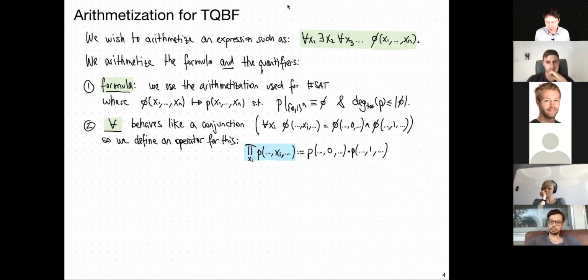It is the same thing as writing the polynomial, taking the product of it twice, once with xi being 0 and once with xi being 1. And again, right now none of this is justified yet. We're just taking educated guesses given our experience with arithmetization so far. It was useful in the past to replace ANDs with products, and we're doing the same right now.